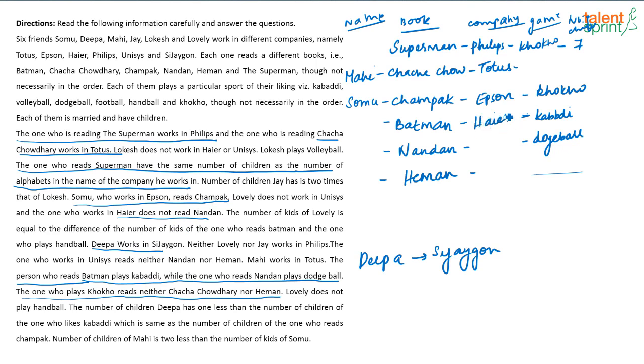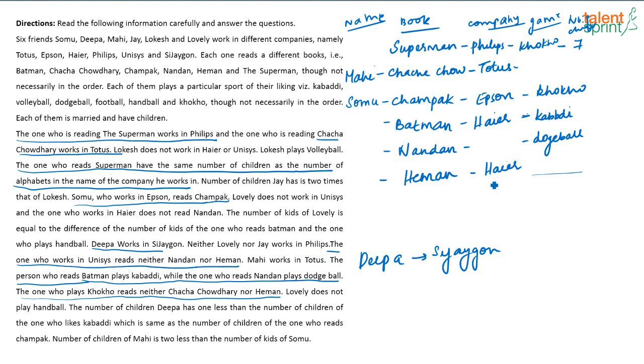Hair should be either this or this. Correct? Now out of this, which one we have to find out. Then what is given? Neither Lovely nor Jay works in Philips. Then the one who works in Unisys reads neither Nandan nor He-Man.